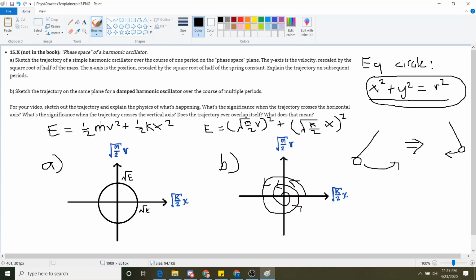So if we were to take an equation that uses both of these, such as the energy equation, we could rewrite it to make it look more like the equation of a circle, where E will be the radius, or the square root of E will be the radius. This will be the y, and this will be the x, which is the position, and this is the velocity.